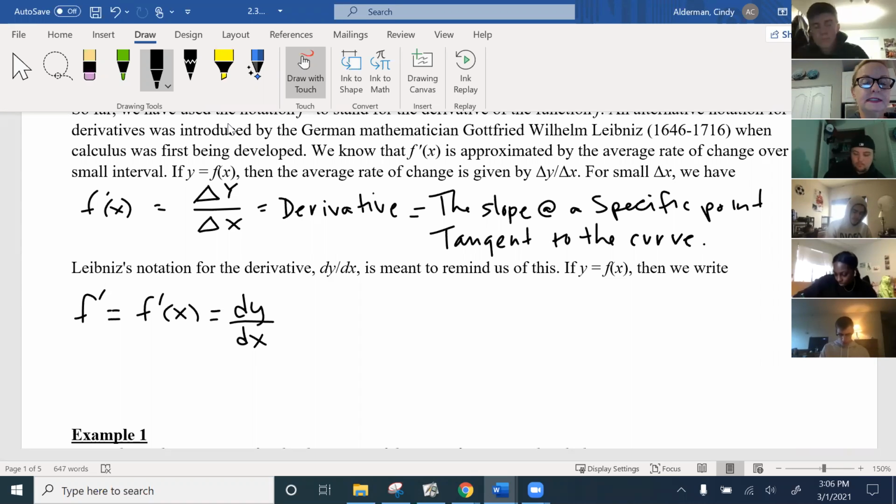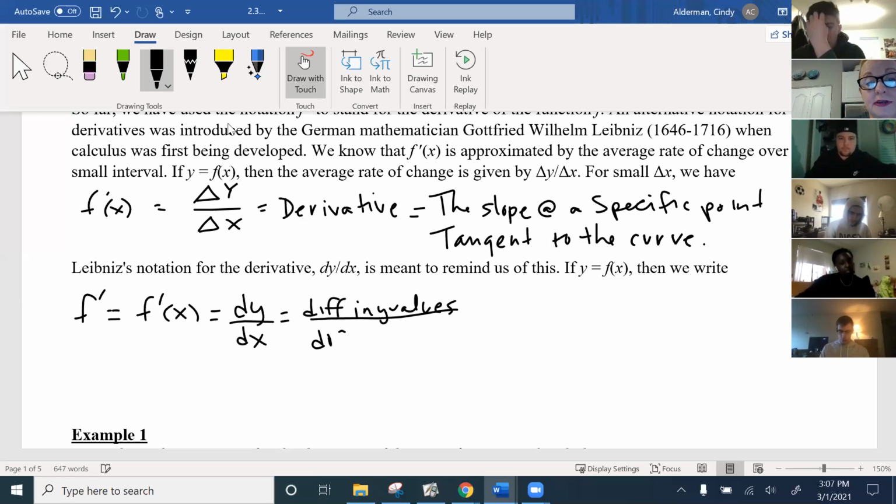But like it says here, Leibniz notation, dy over dx, is meant to remind us that really the derivative is just slope, right? Change in y values over change in x values. So we could say difference in y values over the difference in x values.